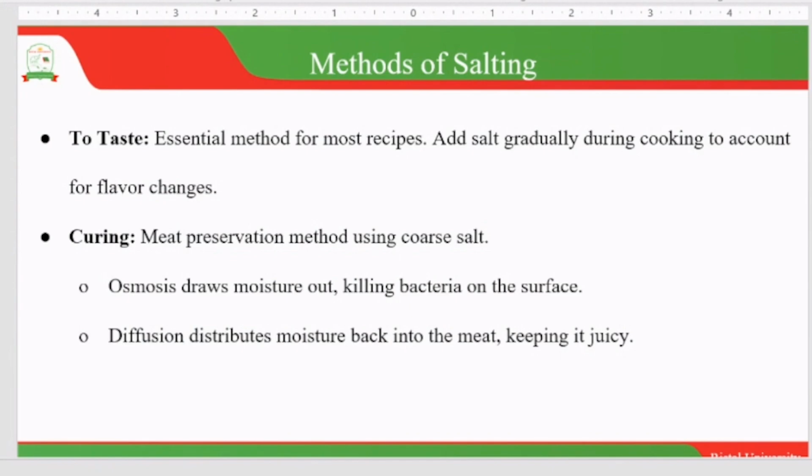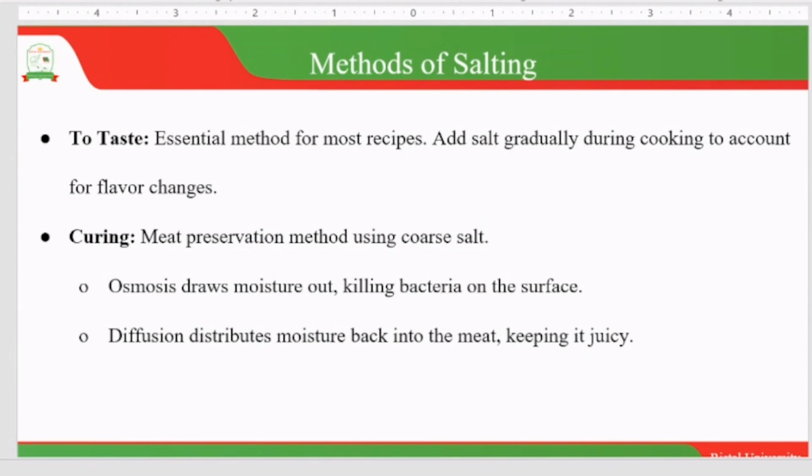Okay. Methods of salting, we are looking at this to taste. This is an essential method in most recipes. Or recipes, some of you could call it, but me I call it recipes. So adding salt gradually during cooking gives us an account for the flavor changes. Okay, some people really take in a lot of salt, but this is where you remember when we're looking at our diet therapy, the different diet therapies, and we saw when salt is indicated and when it's contraindicated.